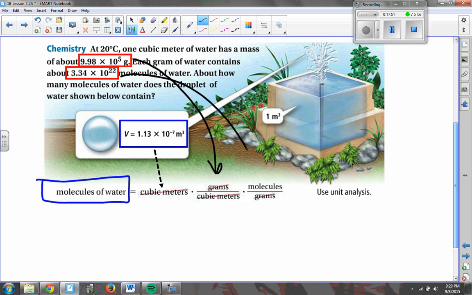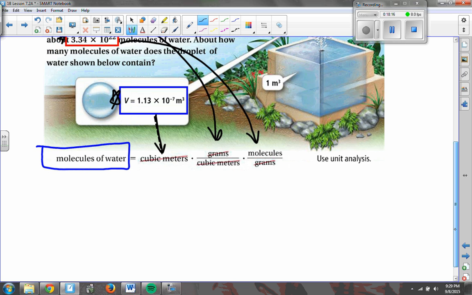That's right there. That's going to go that way. Okay? So all I'm going to do is plug in the information I know, these 3 expressions, into the places that they should go. Cubic meters is here again. Grams for every 1 cubic meter is up here in the top box, and then molecules for every gram is here. Okay? So I'm going to plug those into that equation.